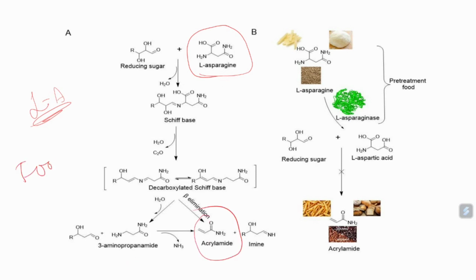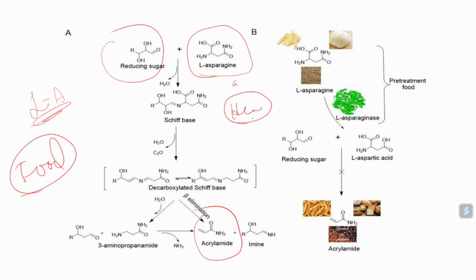When food is cooked, the food contains L-asparagine. This is the basic amino acid, and we have a sugar moiety. When this amino acid and sugar moieties are heated, or when it is cooked, it will form a Schiff base. This Schiff base is again cooked at high temperatures. It will form a dark colored substance. In this dark colored substance, one very important compound which is produced is acrylamide.